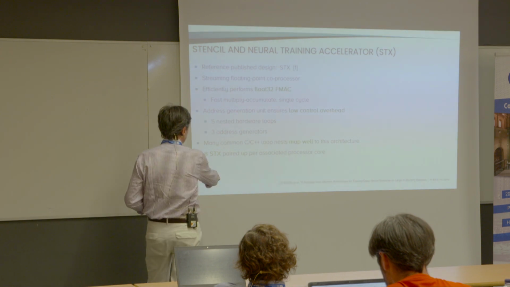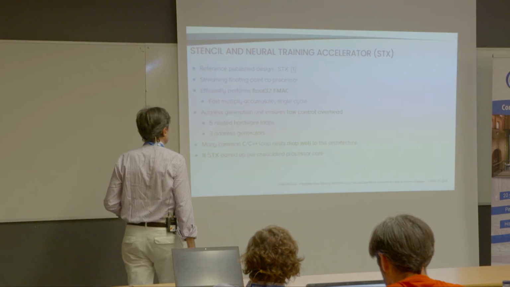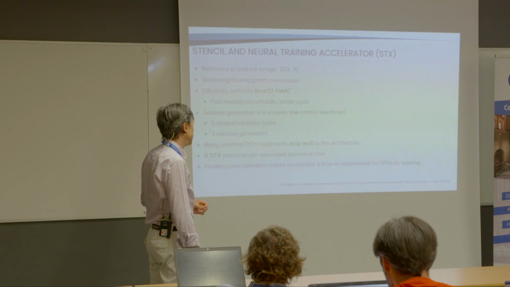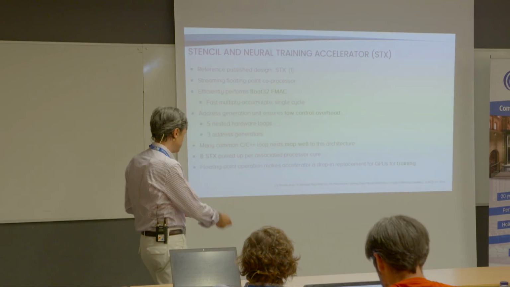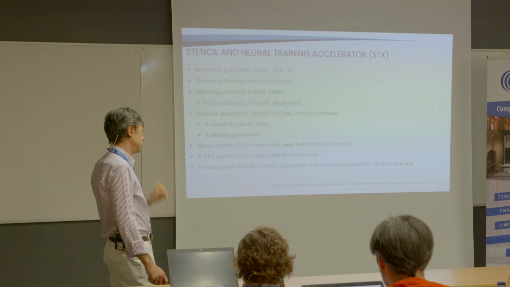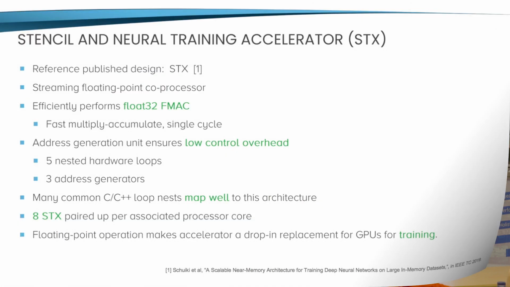As I said before, up to 8 STX units can be controlled by a single RISC-V core. And yes, 32-bit floating point is the preferred choice for training neural networks. So this is the very basic unit inside the STX.